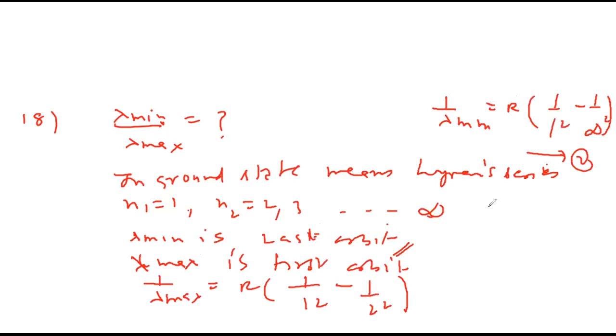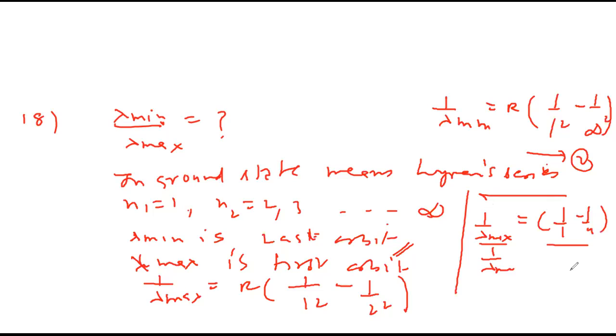So take ratio, R R cancel. 1 upon 1 minus 1 by 4 over 1 upon 1 minus 1 by infinity, which is 0. So lambda minimum upon lambda maximum will be 1 minus 1 by 4 is 3 by 4 upon 1. 3 by 4. Just check 3 by 4 option. Yes, C option.